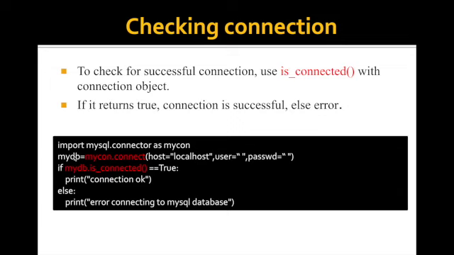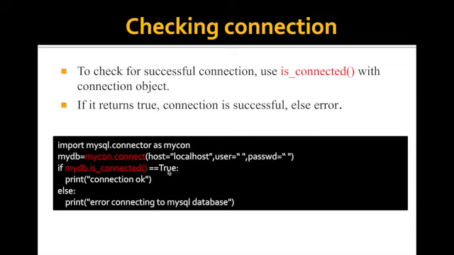Then we call mydb.is_connected, where mydb is the connection object. This function is also defined under mysql.connector.